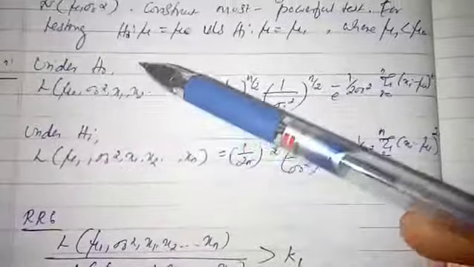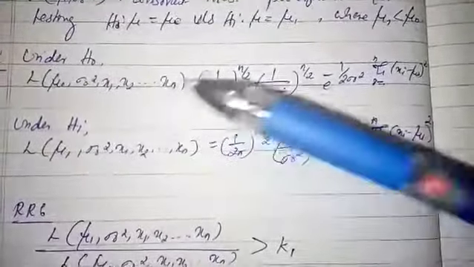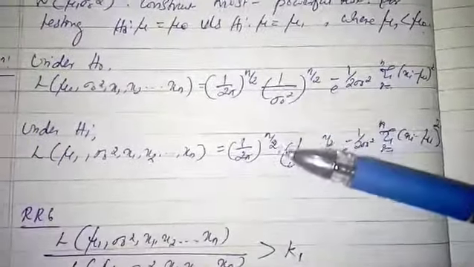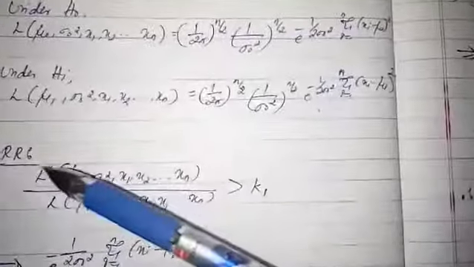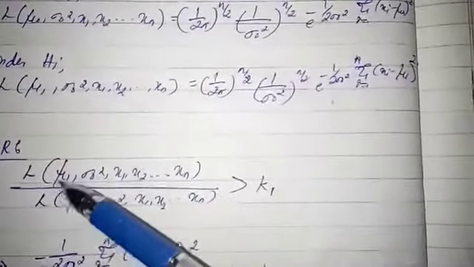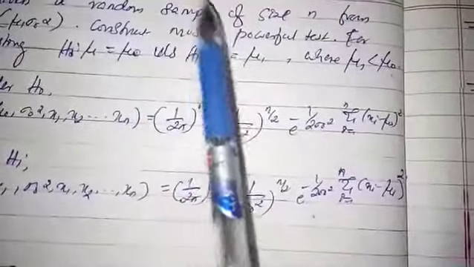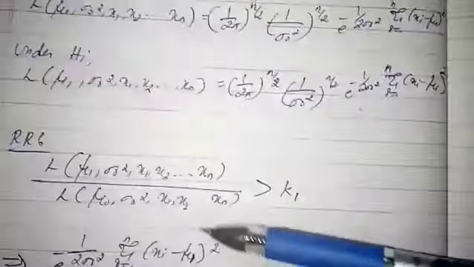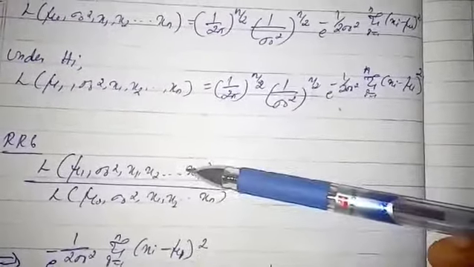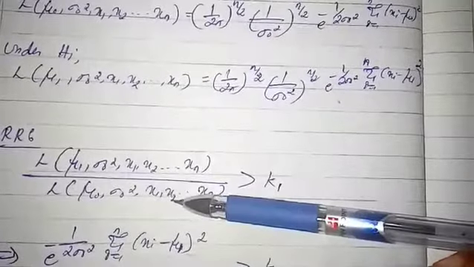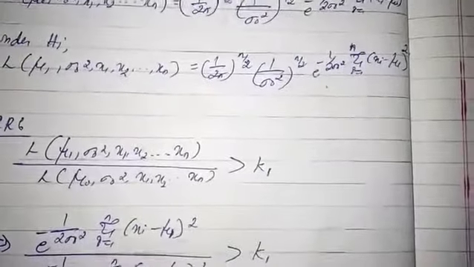That is, you want to write the likelihood under H0 and H1, and we know that we reject H0 for a large ratio. In the problem it is given a random sample of size n, so we take the likelihood under H1 divided by the likelihood under H0, which is greater than k1.